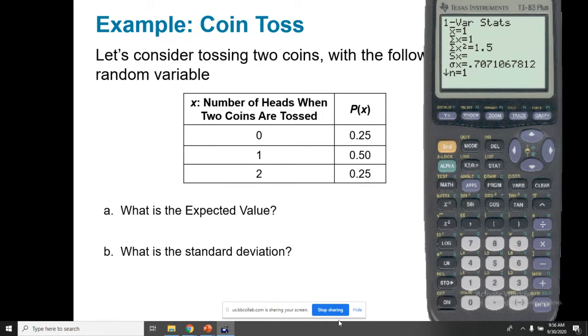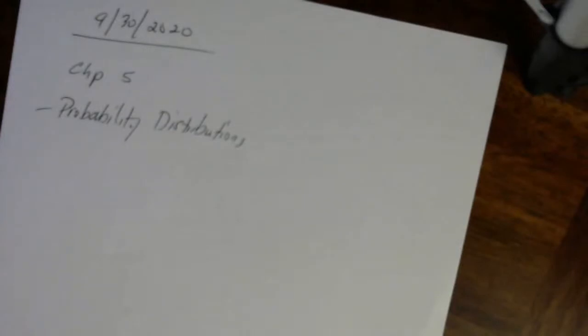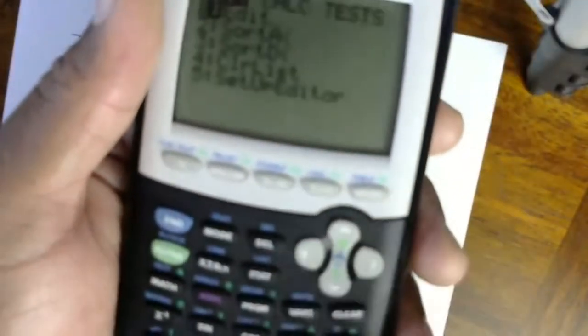Now, just for those that have the 84, just to show that on the 84. All right, I don't know how good you all can make this out, but I'm going to go in the list much the same way. I'm going to hit stat and enter.